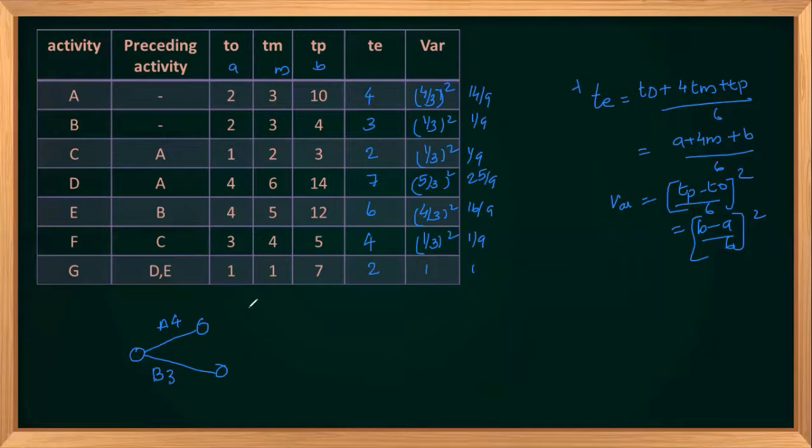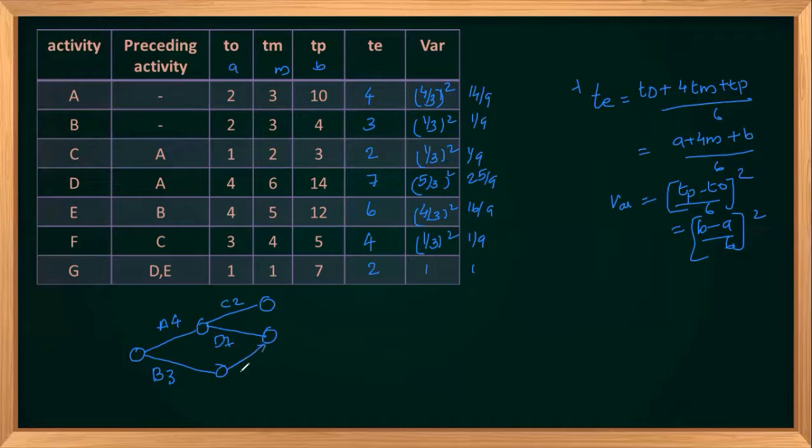So C and D start from A, E is from B, and C leads to F. D and E merge. So from A, C and D start. C, D and E merge. D is 7. C is 2.